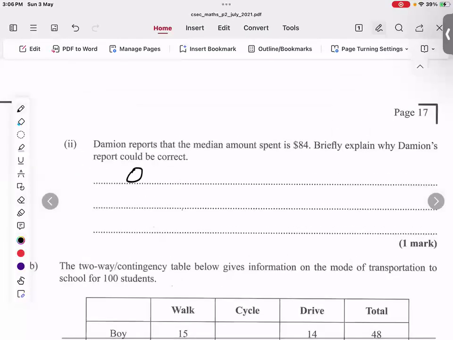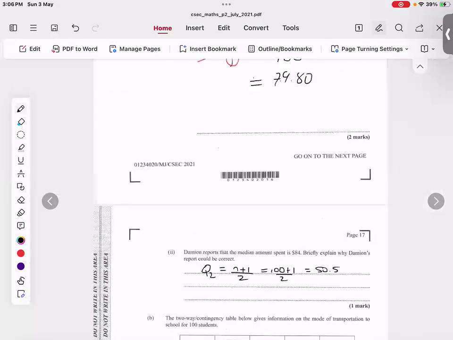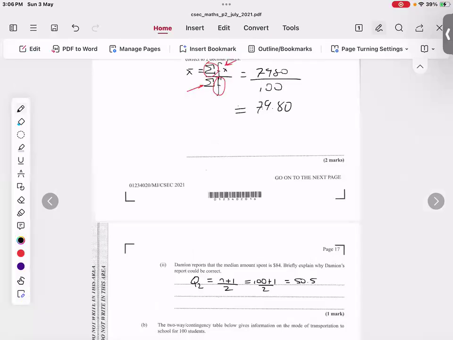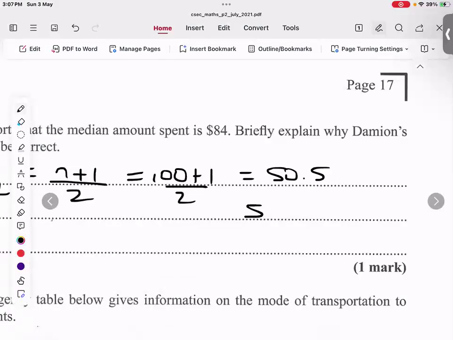So the median is equal to n plus 1 over 2, 100 plus 1 over 2. So the median is located at the 50.5 position. We need to find out where the 50.5 number would be. It must be between the 50th and the 51st number.